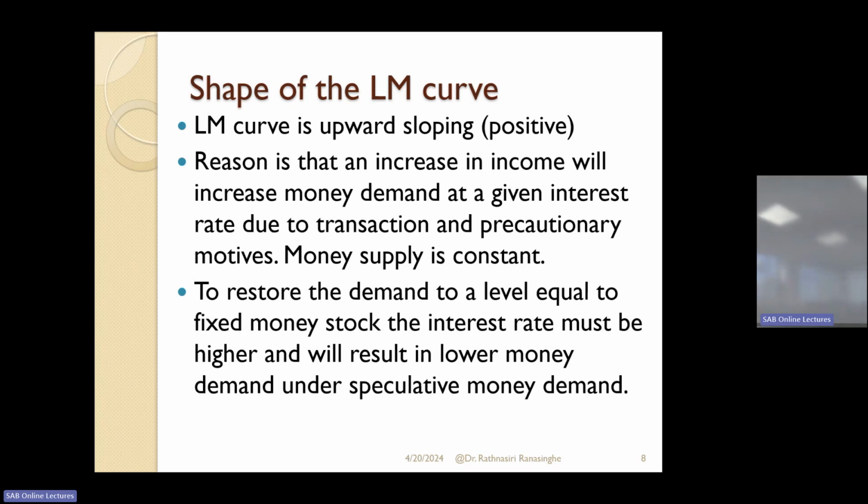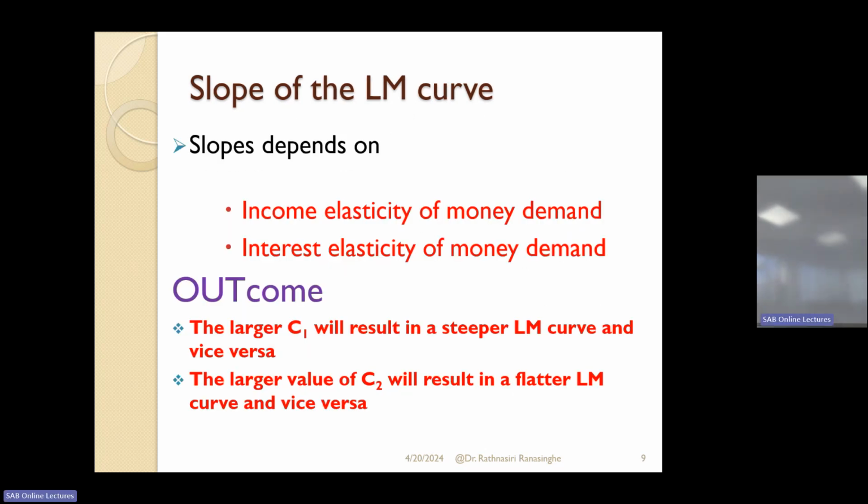Now, highlighting two important factors regarding the slope of the LM curve: we look at the slope and the position. What factors determine the slope? That is very useful when we are talking about policy effectiveness.